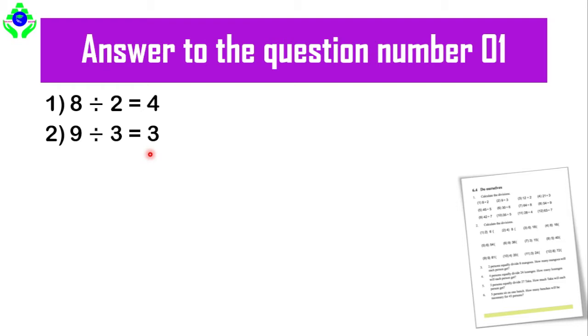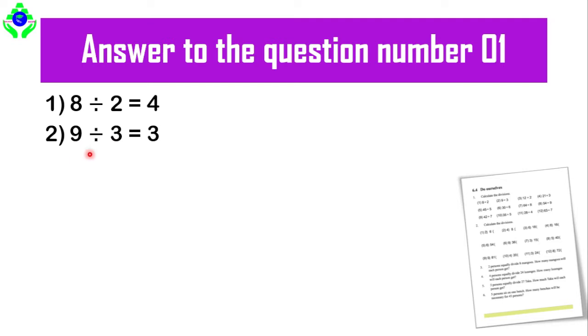There is also another process to check whether your solution is right or wrong. You can see 8 divided by 2 is equal to 4, and 9 divided by 3 is equal to 3. Similarly, if we multiply this 4 with this 2, the answer will be 8. And if we multiply this 3 with this 3, the answer will be 9.